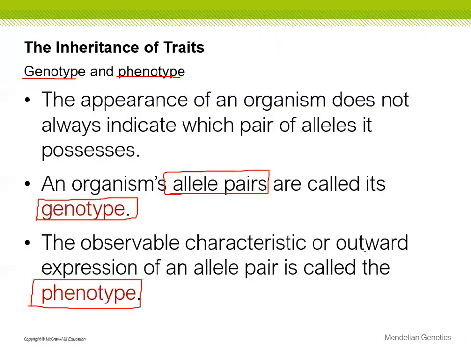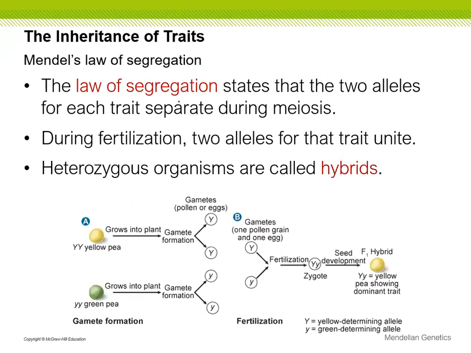So let's get into the nitty-gritty of this. Now, when you pass on genes, usually you pass on 2 alleles. And again, allele is a trait, so think color and size. Basically, he looked at all 7 of these and he discovered there are always 2 of these traits that separate during meiosis.